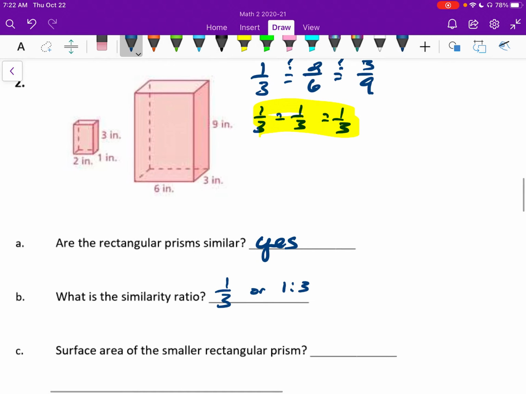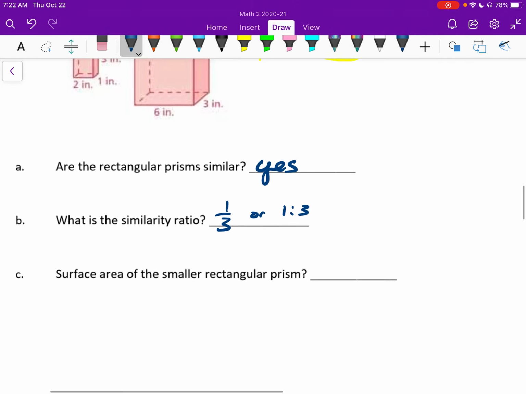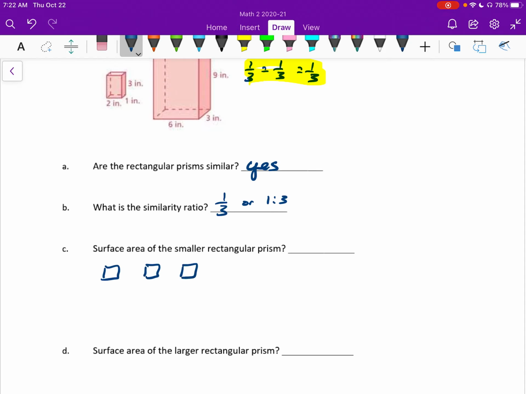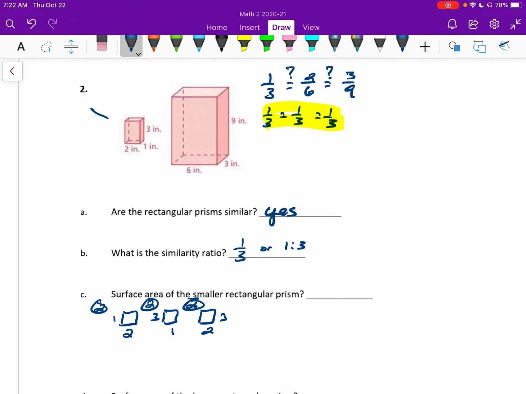Part C wants the surface area of the smaller rectangular prism. Let me zoom out just a little bit. We've got 3 boxes, and I'm going to have 2 of each of them, because there's a front and a back to all 3 sides. This one we're going to say is a 2 by 1. This is a 1 by 3. This is a 2 by 3. I'm just finding the surface area of that guy.